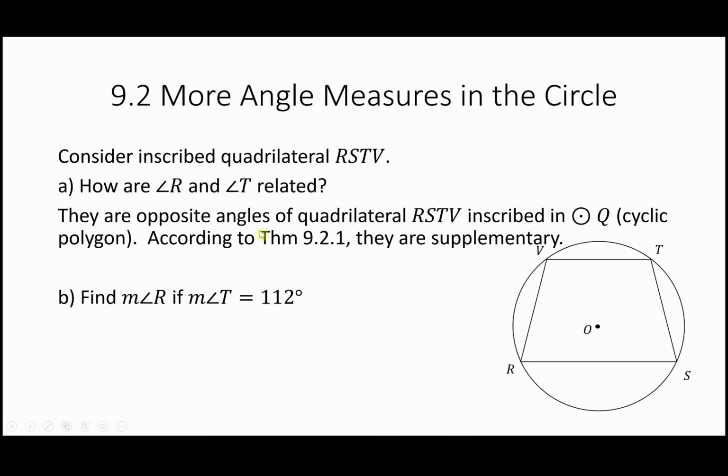So that means their measures sum to 180 degrees if you want to use the definition of that term, but ultimately you could simply state that they're supplementary. Now if the measure of angle R is 112 degrees, then what would be the measure of angle T? Well, it would be the supplementary counterpart, which you can find by subtracting 112 from 180, and you'll get 68 degrees. So therefore, that must be the measure of angle T.